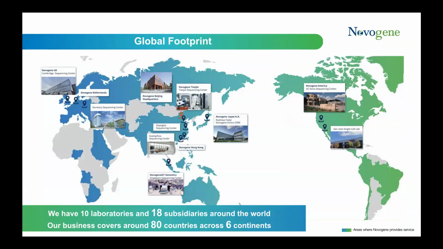The headquarters, as I mentioned, is in Beijing, and the company has established laboratories in China, Tianjin, Guangzhou, Shanghai, also United Kingdom, United States, Singapore, Japan, and also in Europe, Germany. Novogene has a large footprint worldwide with company branches in Hong Kong, China, Singapore, Japan, the United States, United Kingdom, and the Netherlands.